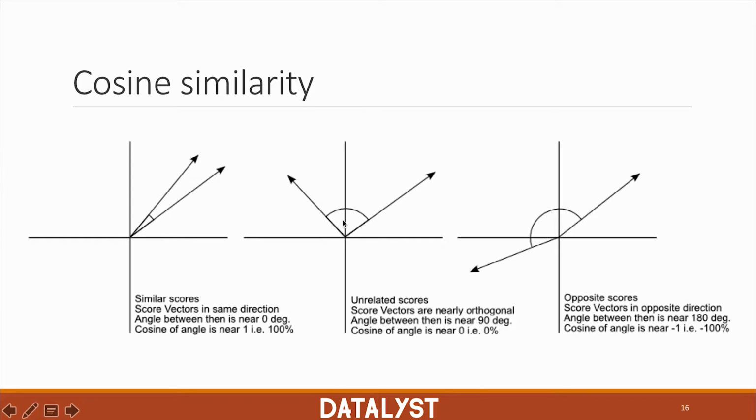If the two vectors are unrelated, then in the space they will be orthogonal. So if we're talking about 2 dimensions, this is a 90-degree angle. So in this case, the cosine will be around 0. And if they are pointing in the opposite direction, then the cosine will be close to -1.